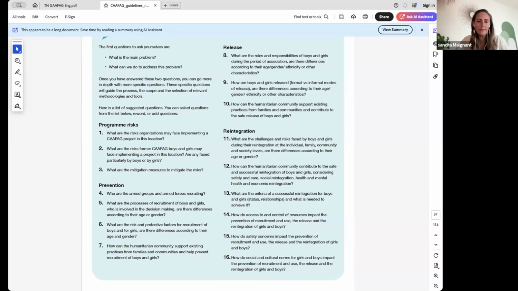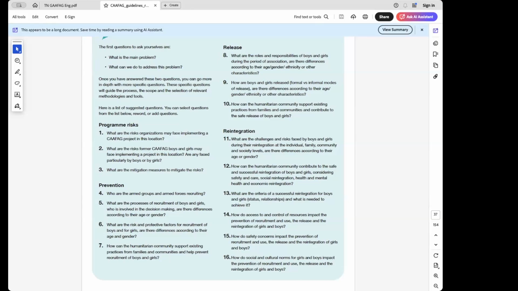Sorry, can you say that again? I'm not sure I understood. In the wider needs assessment, or the wider context analysis, is there perhaps a need to identify the different humanitarian coordination structures that may be amenable to participating in prevention and response to CAAFAG?